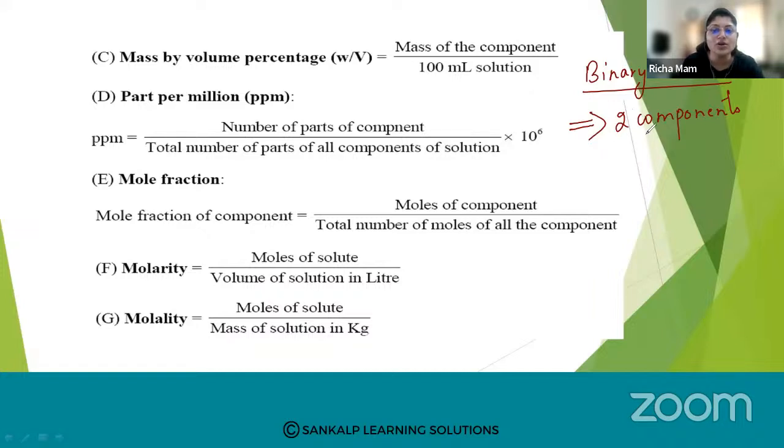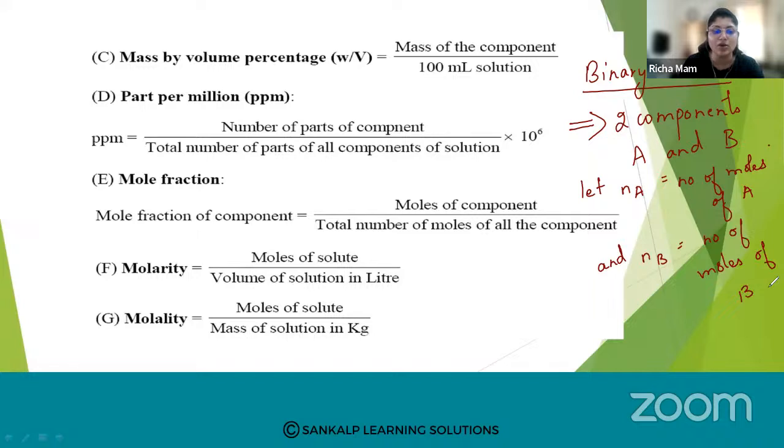So if we consider the two components A and B, let Na be the number of moles of A, and let Nb be the number of moles of B.